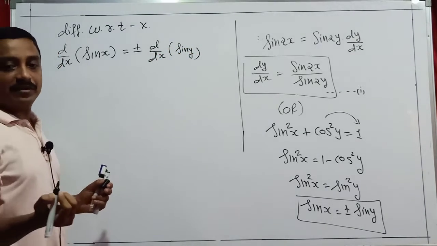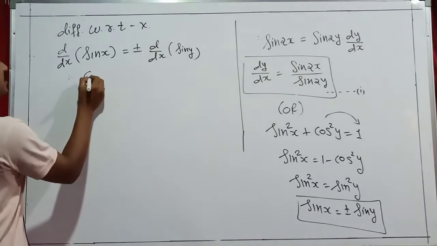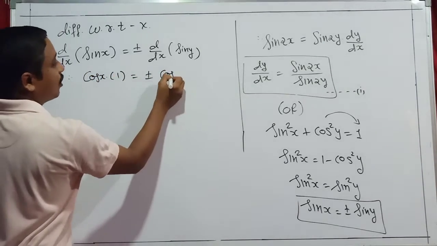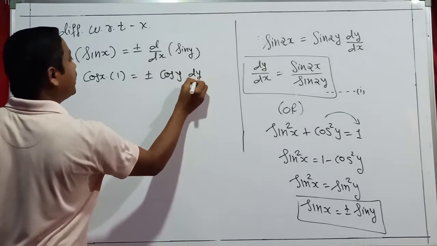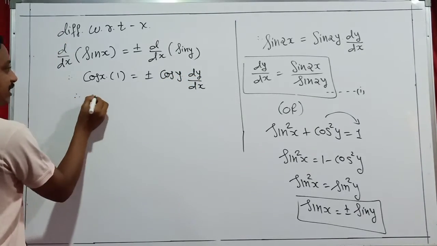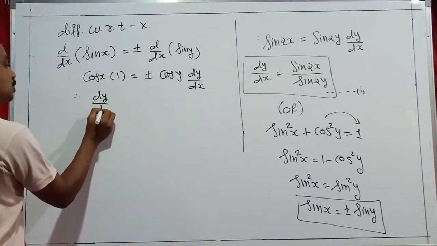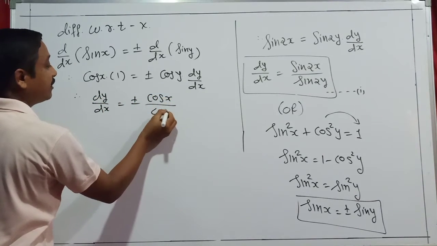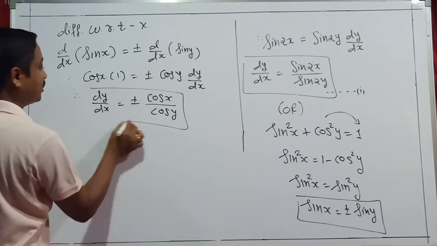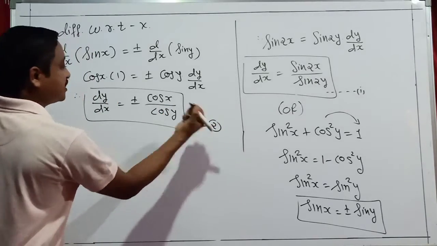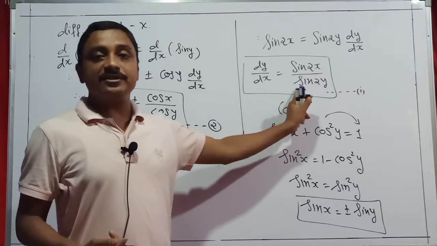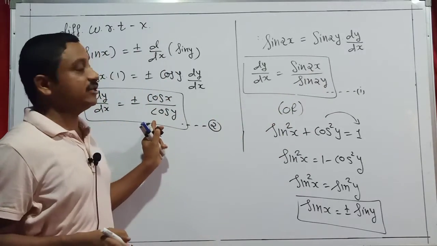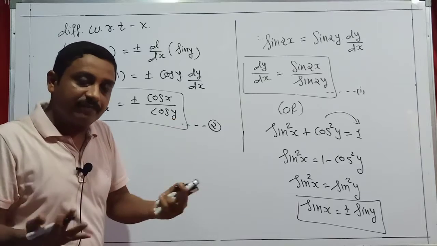Now derivative: sin x derivative is cos x, x derivative is 1, sin y derivative is cos y and y derivative is dy by dx. Look, your answer is totally different, plus or minus cos x by cos y. The first and second equations are the same, but the answers are different.